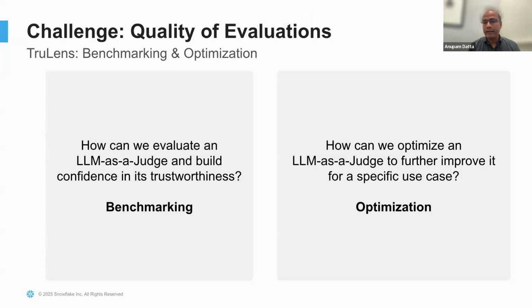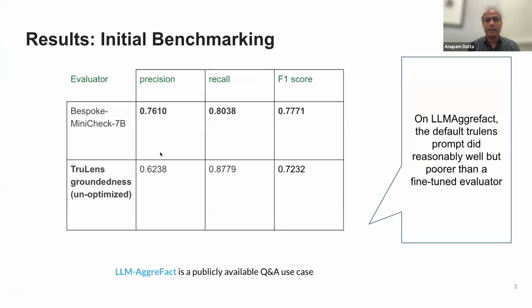And secondly, while that can be addressed through benchmarking, if the quality of the judge is not that great, how can we further improve it for a specific use case? So towards that end, we have done some exciting recent work on benchmarking and optimization.